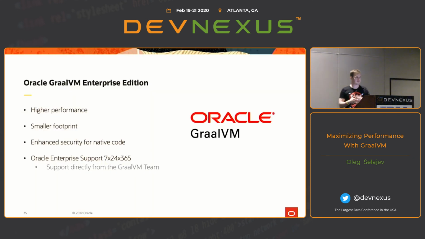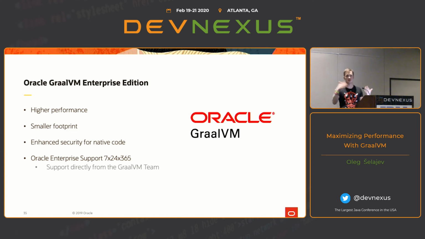If you want even more, you can look at Oracle GraalVM Enterprise Edition, which is the product by Oracle. It comes with an even better just-in-time compiler that can give you better performance, and some additional security-related features. It's compatible in that it runs the same applications that the open source project runs, right?